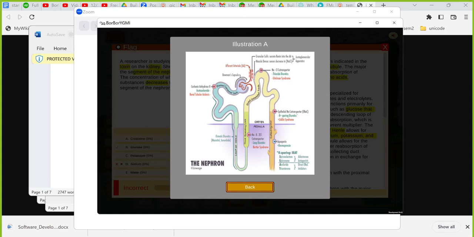Because of the loop diuretic, you're retaining it in the urine, and so you're not reabsorbing it. If you're not reabsorbing it, you're getting rid of it, and sodium controls your blood pressure by retaining water in your vasculature, because water goes where the sodium goes.